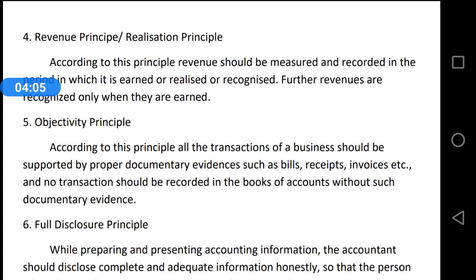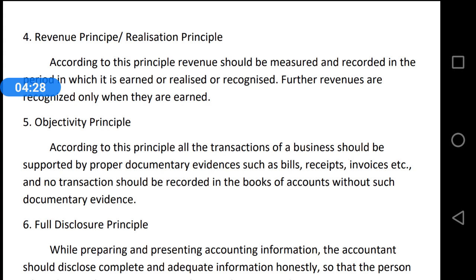Objectivity principle says that every business transaction should have supportive documentary evidences to avoid subjectivity or to give unbiased data.